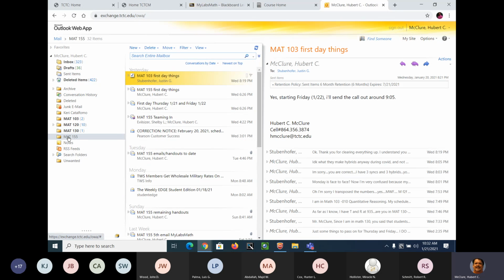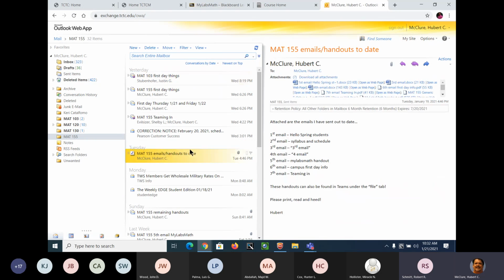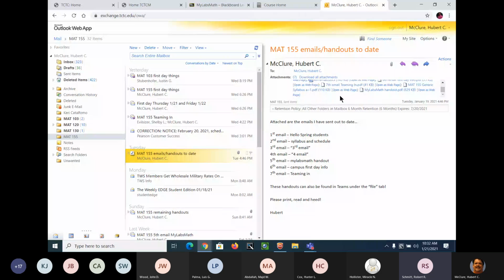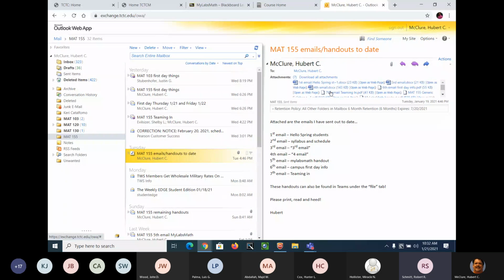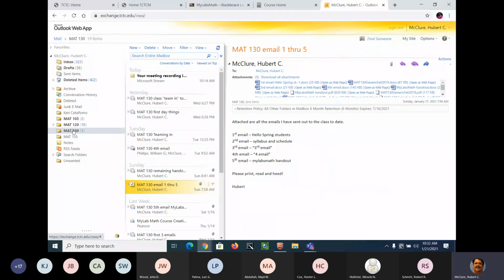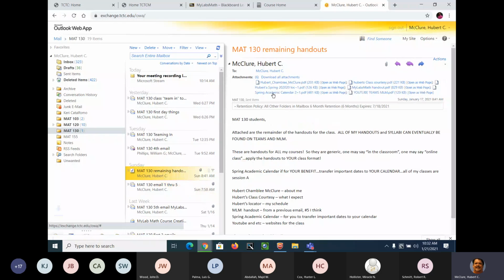I know I put it in here. Oh, I know where I put it. I put it in the rest of the handouts. Remaining handouts. Academic calendar. This is the second most important page.